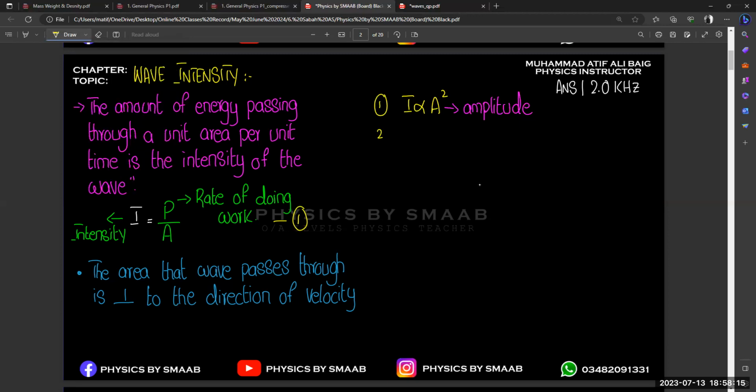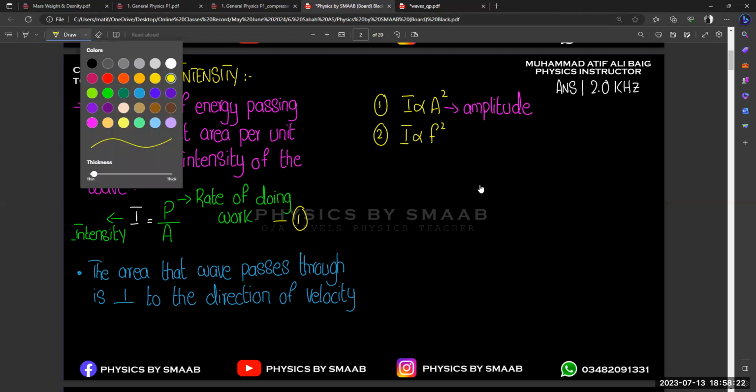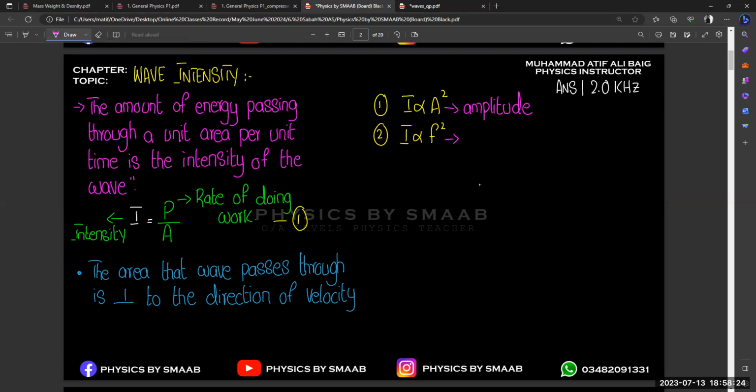The A in the proportionality is amplitude, but the A in the formula for intensity is area. Different things. And F represents frequency, because amplitude and frequency are the factors that increase or decrease intensity.